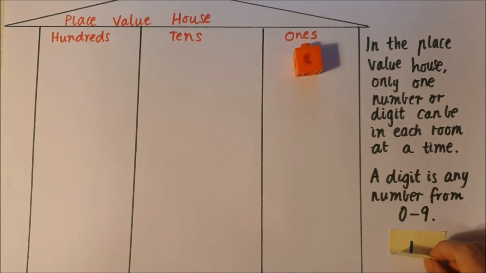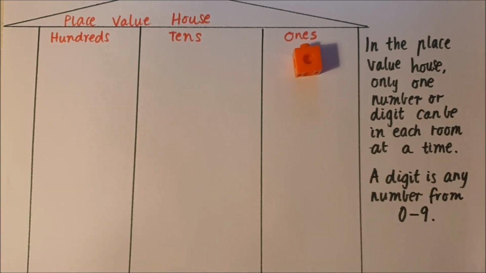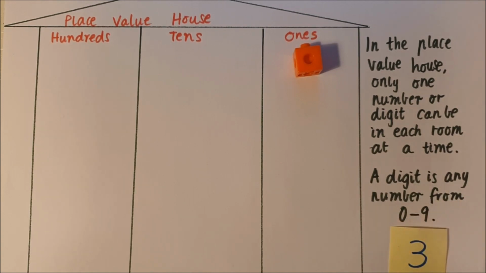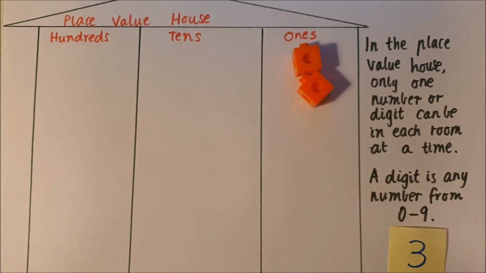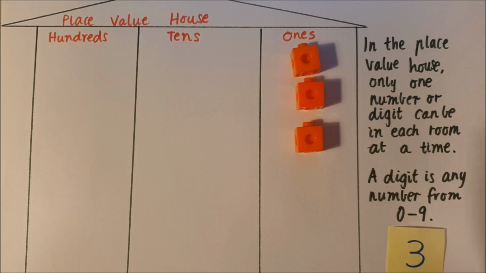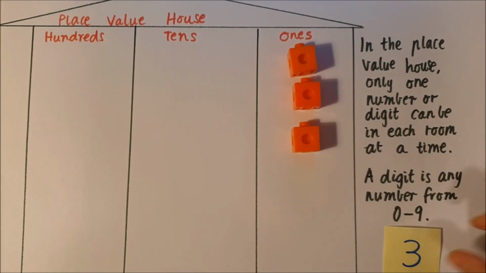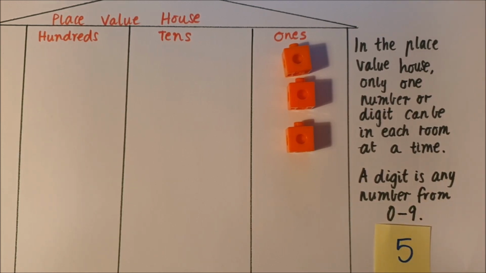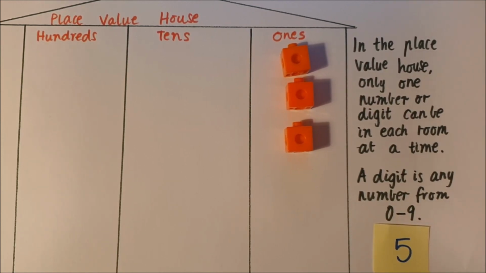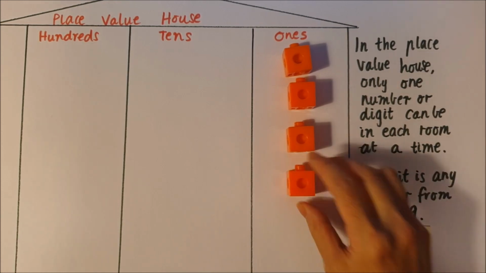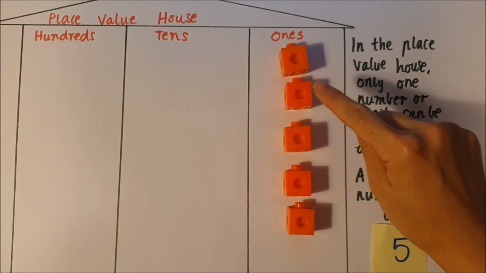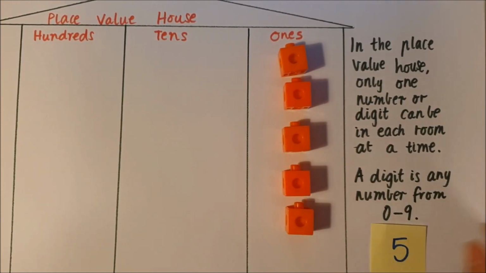All right, now if I had the number 3, is it still between 0 and 9? It is, so that means I can have 3 blocks living in the ones room. Now, if I had the number 5, that is still between 0 and 9, that means I can have 5 blocks in the ones room. 1, 2, 3, 4, 5.